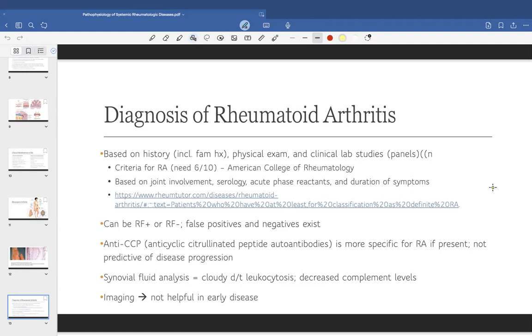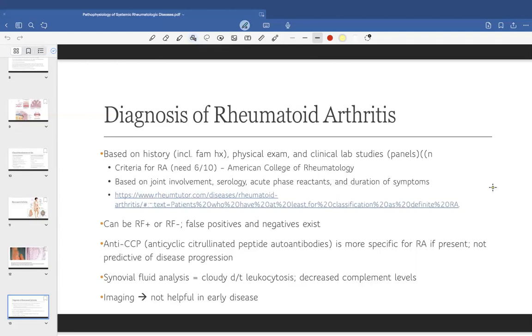Okay, what's the gram stain going to show? Any bugs in rheumatoid? Nope. So you're not going to see gram positives or gram negatives. So you've got to do that gram stain and culture. What other tests can you do with your synovial fluid?